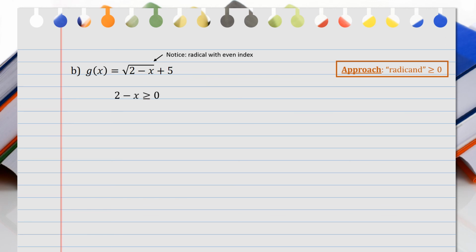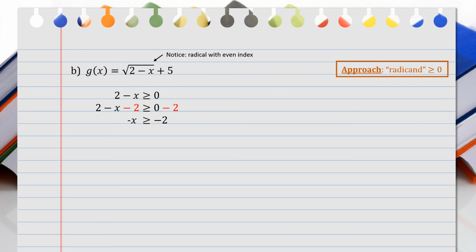The radicand is simply the 2 minus x, and we set that greater than or equal to 0. Now we need to get x by itself, so we need to get rid of the 2, and to do that we would simply subtract 2 on both sides of the inequality, leaving us with not x, but negative x is greater than or equal to negative 2.